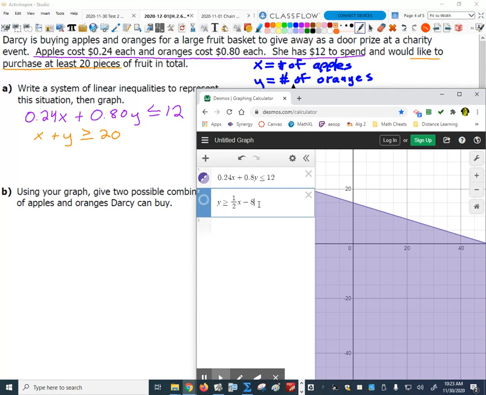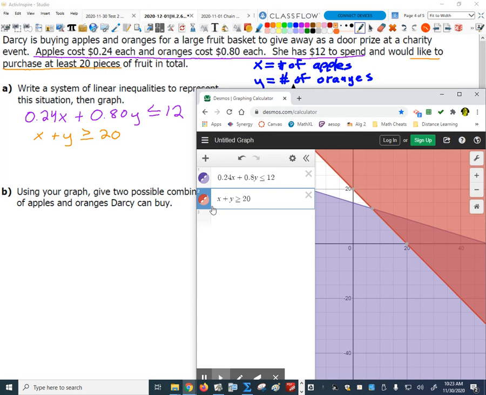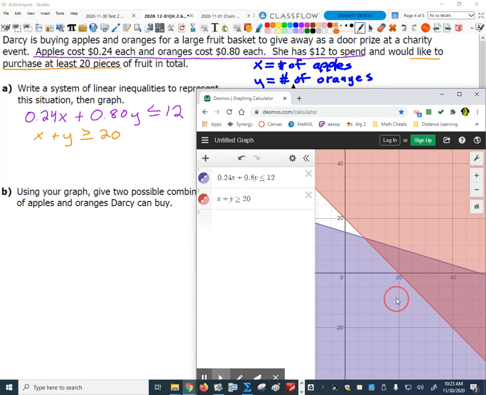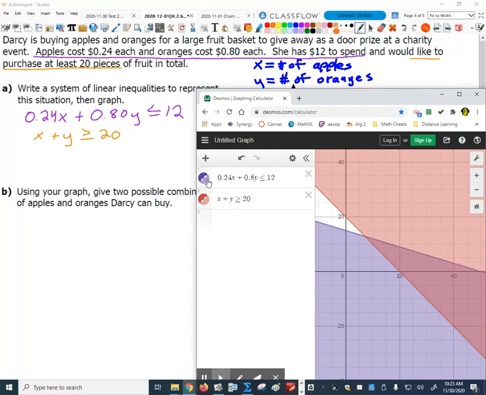Second one, we had x plus y is greater than or equal to 20. There it is, right? Okay, so the overlapping region appears to be this region down here, doesn't it? Everybody see that?